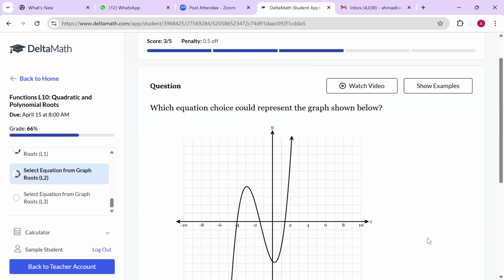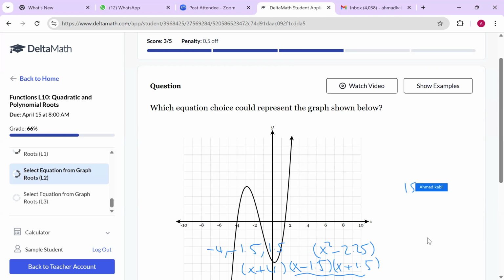Here, the roots are at negative 4, roughly negative 1.5, roughly positive 1.5. So we're expecting x plus 4, x minus 1.5, x plus 1.5. These together are roughly x squared minus 2.25. How do I know that?